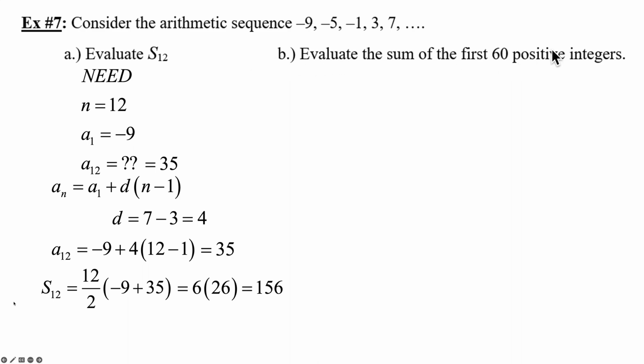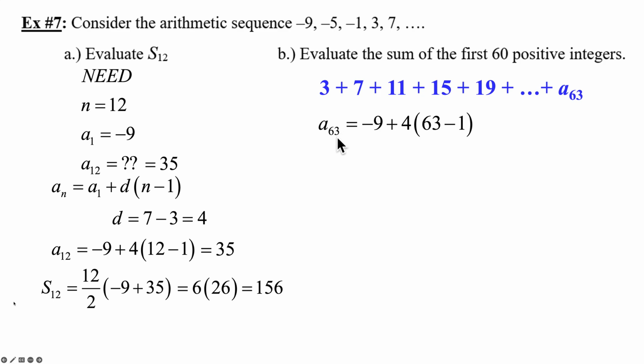Now, B is kind of interesting. It says, evaluate the sum of the first 60 positive integers. Okay, so my first 3 terms were negatives. So if I want the next 60 positive numbers, I'm going to have to go out to 63. So starting with 3, which is technically a sub 4.